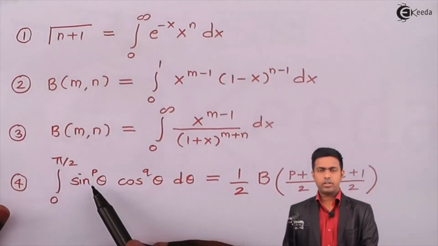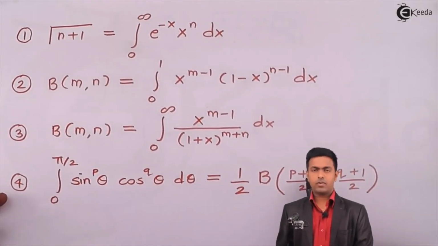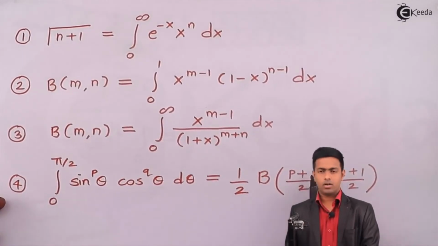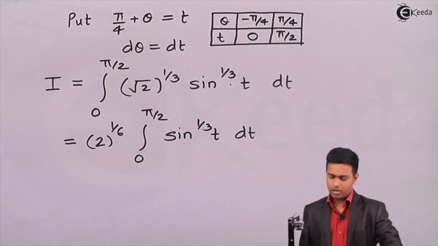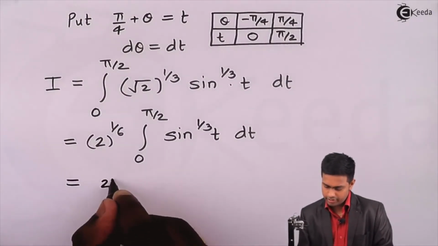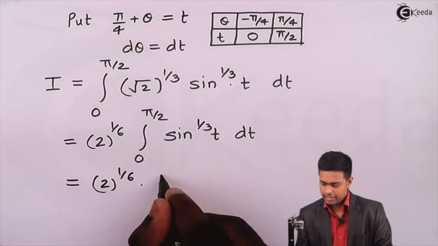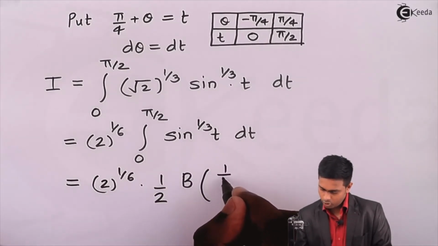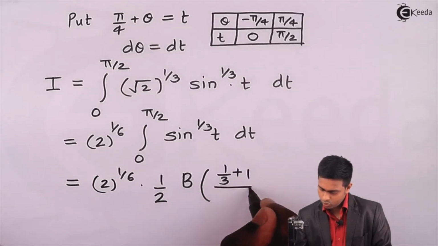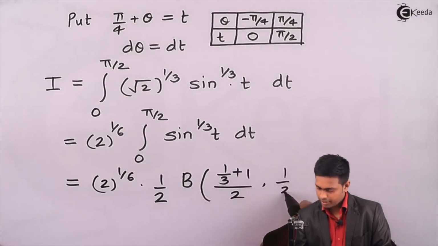So p is 1 upon 3 and q is 0. So we'll say (1 upon 3 plus 1) whole upon 2, and (0 plus 1), that is 1 by 2. So here we will get 2 raised to 1 by 6, then 1 upon 2 beta of (1 upon 3 plus 1) whole upon 2 comma 1 by 2.